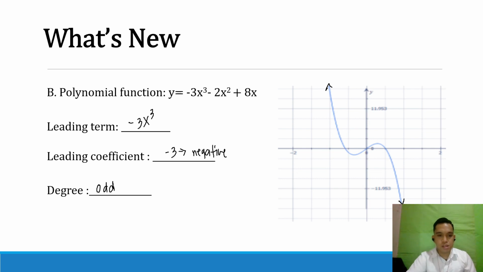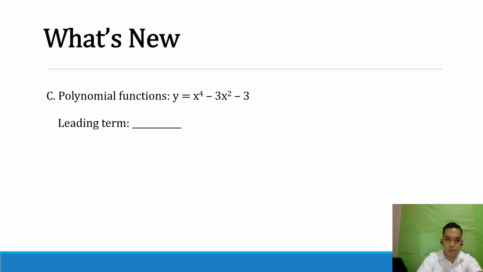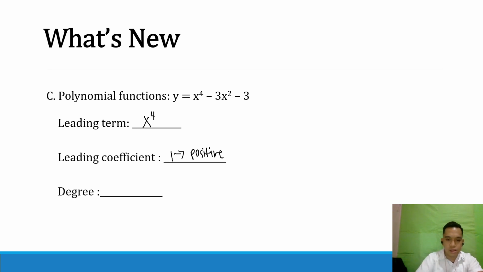Okay, so let's proceed now to letter C. We have the polynomial function y equals x raised to 4 minus 3x squared minus 3. Here the leading term is x raised to 4 and the leading coefficient is 1, which is positive. Then the degree is even.